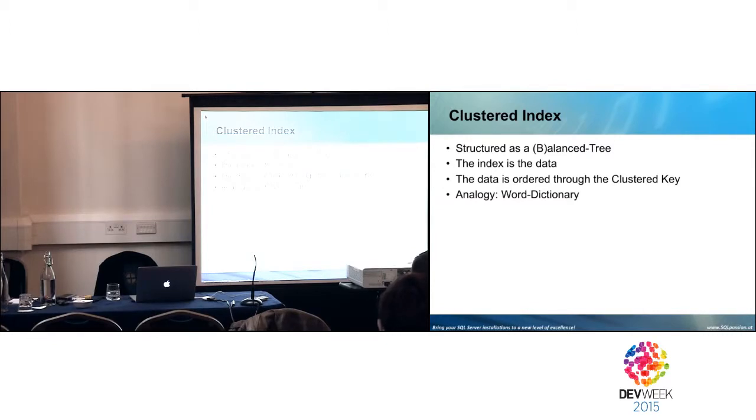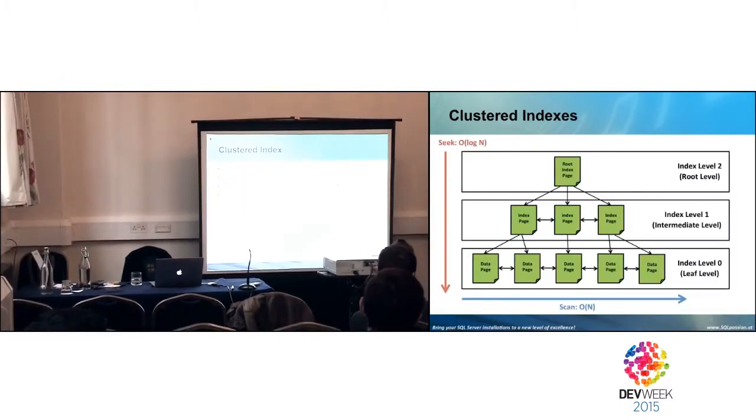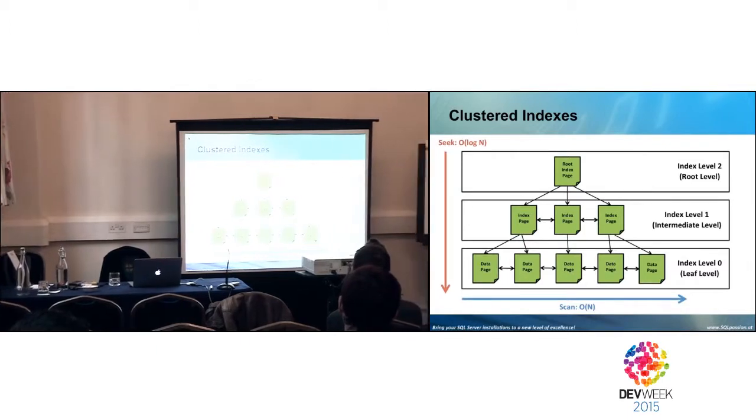Mainly you can think of a clustered index as a phone book. A phone book itself is also physically pre-sorted, in our case on last name and first name. And the same technique we are applying to our data when we create a clustered index or a primary key constraint in SQL Server.